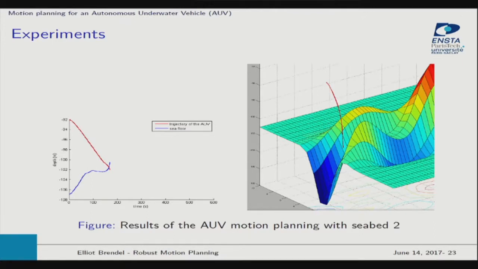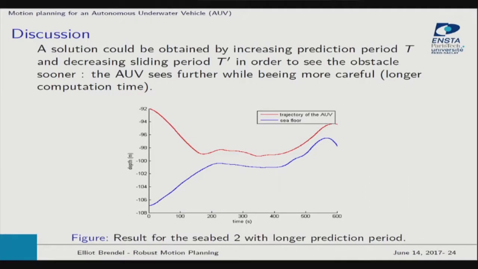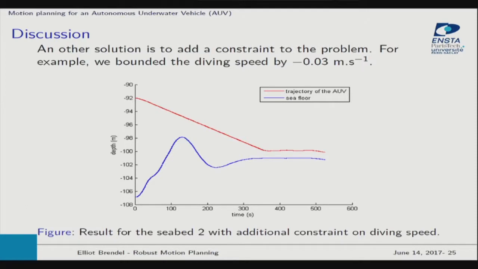The first one could be obtained by increasing the prediction period T, so the AUV sees further, and decreasing the sliding period T prime, so we move by smaller steps. It increases the computation time, but as you can see, it works. And the other solution is to add a constraint to the problem. Here we bounded the diving speed, and we find another trajectory, which is a solution.